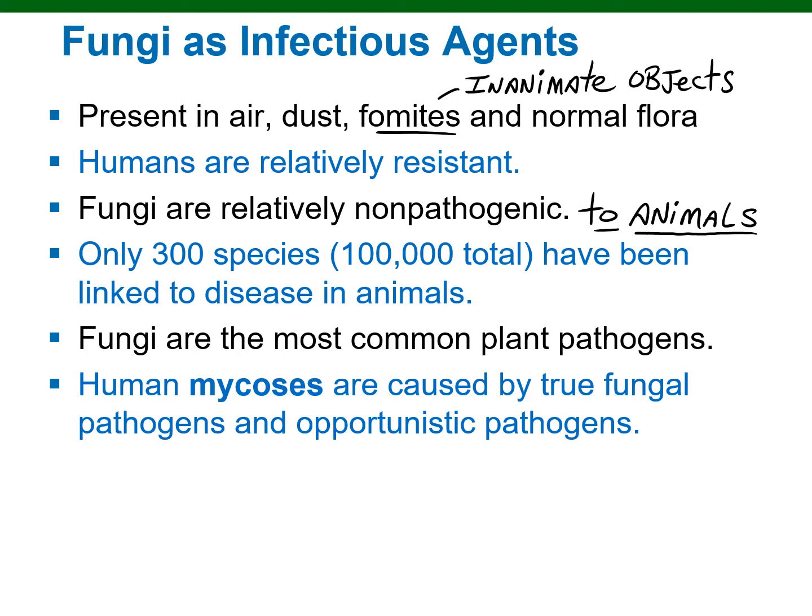However, not every human is at peak strength, and many people who are hospitalized or are suffering from some other underlying predisposing condition could end up with a fungal infection due to what are called opportunistic pathogens. And so fungi are really classified for the most part as pathogens of unique opportunity.